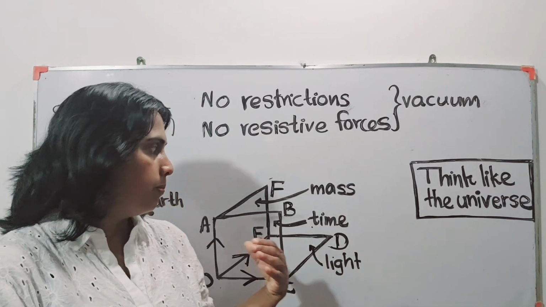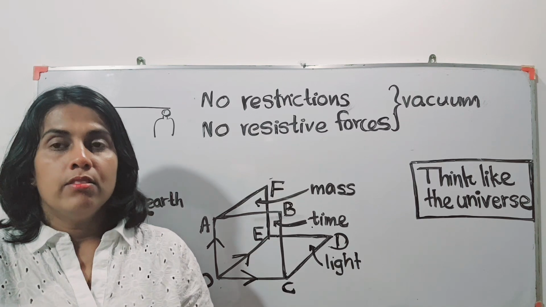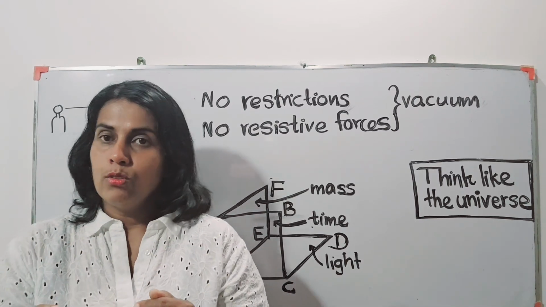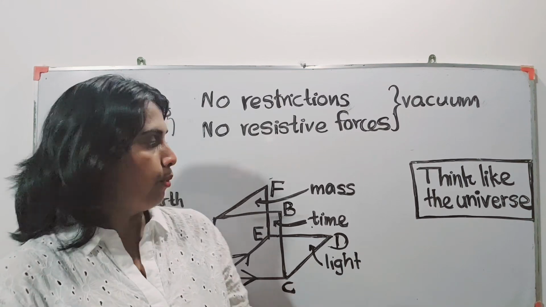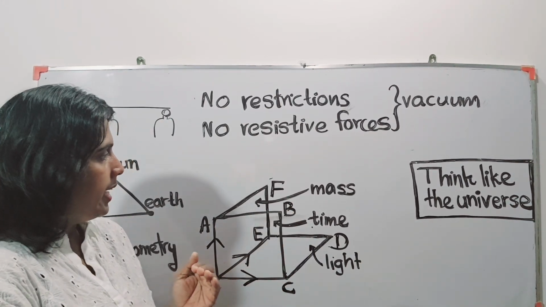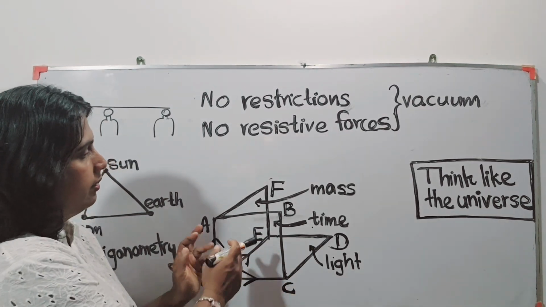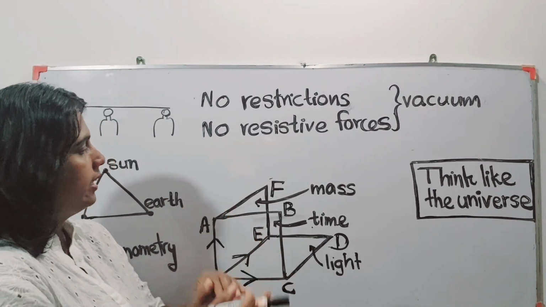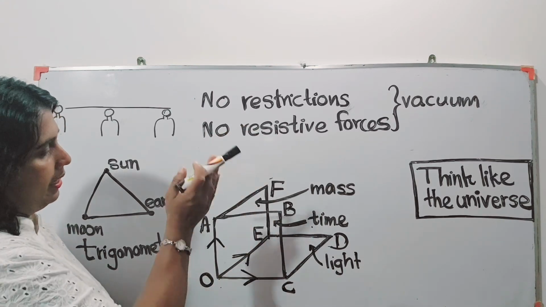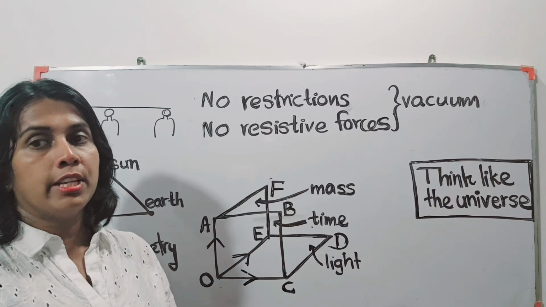And about this perpendicular arrangement in three planes, this is how the universe arranged, because as there are no other attraction forces acting on light, mass and time, they can exist. The time can exist vertically, and this plane also can exist along in that direction. The bottom plane is existing independently.